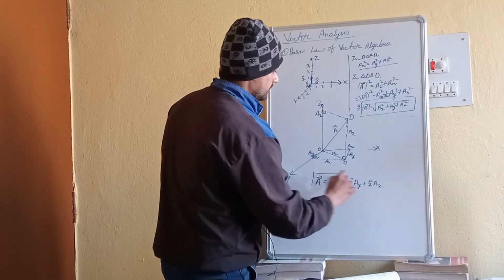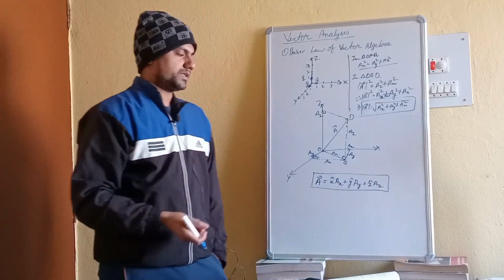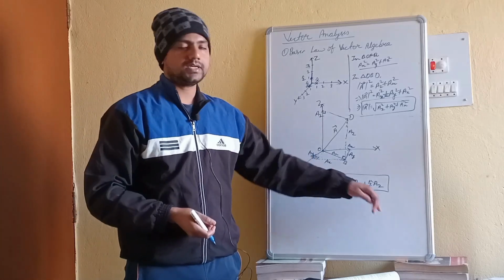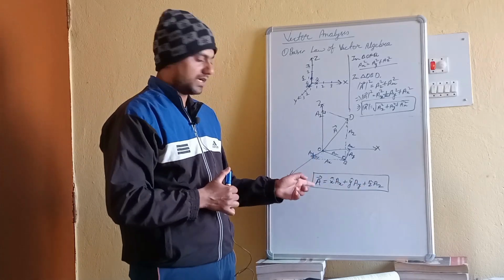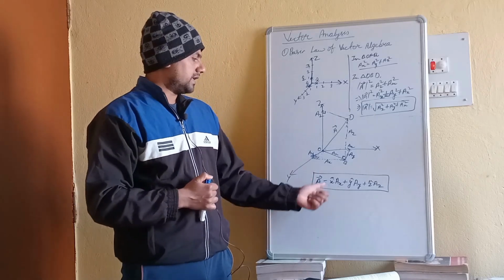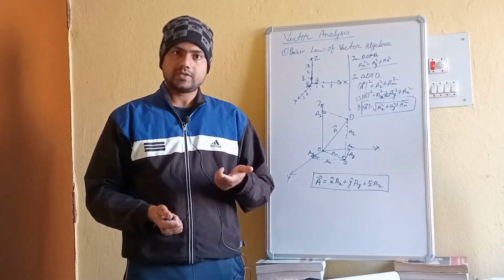So this is the way by which we can represent the vector by using its components. ax, ay and az are the three components along the three axes of vector A, and x cap, y cap and z cap are unit vectors along the three axes.